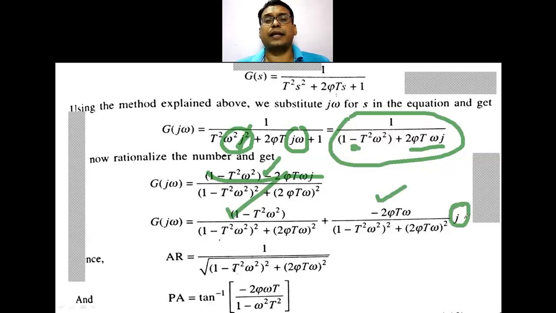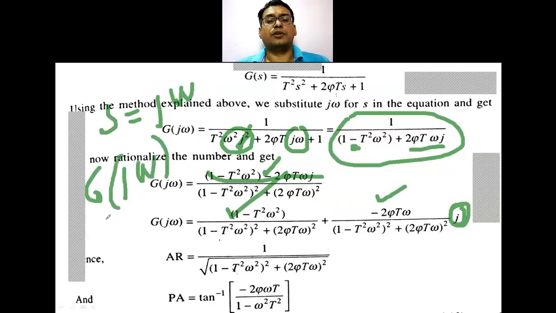So first substitute s equal to j omega, then you get the transfer function in terms of j omega. Then you have to rationalize it and separate the real part and the imaginary part.